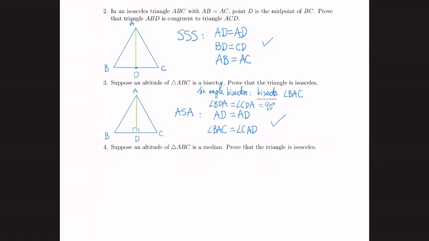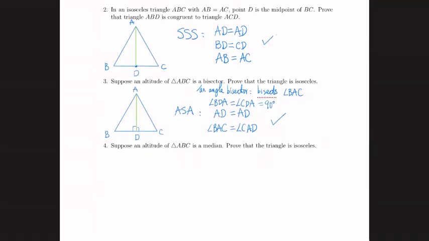Okay, next one, we start with a triangle. We don't know it's an isosceles triangle yet, but we will prove it. The condition we have this time is that the altitude is a median.